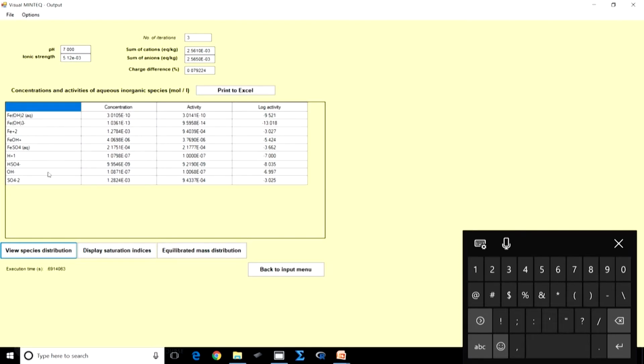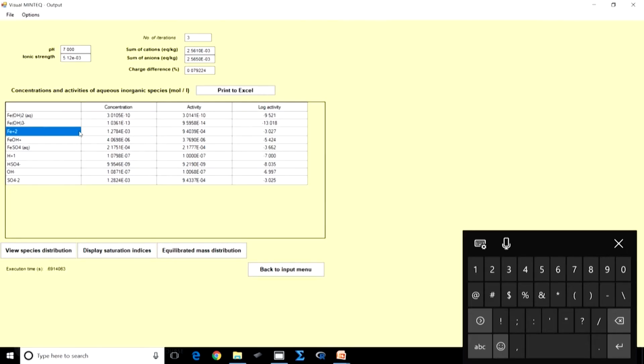Okay, again we look at the different species here, which is what we expect. The major aspect is that Fe2 plus is mostly present as Fe2 plus, it is 1.3 times 10 to the power minus 3. If you remember, we put in 1.5 times 10 to the power minus 3, so Fe2 plus stays as Fe2 plus for maybe 80 or 90 percent, 1.3 by 1.5 into 100.